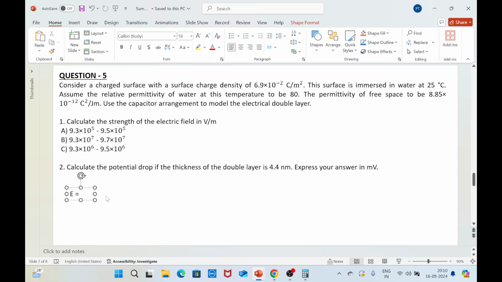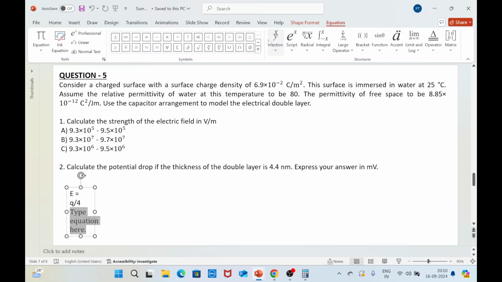So I'll just give the formulas here. It is Q by 4 pi epsilon naught times r square.